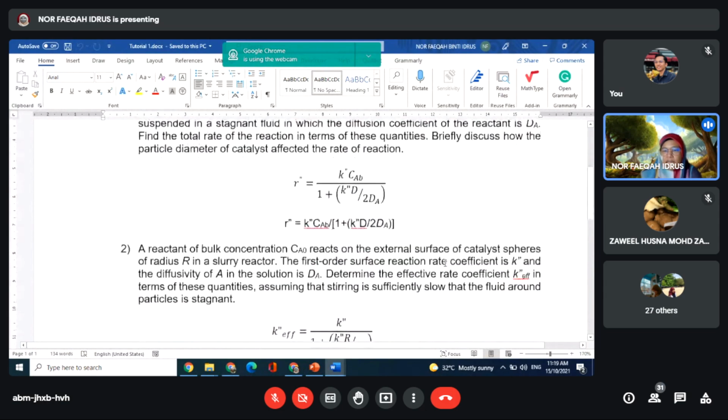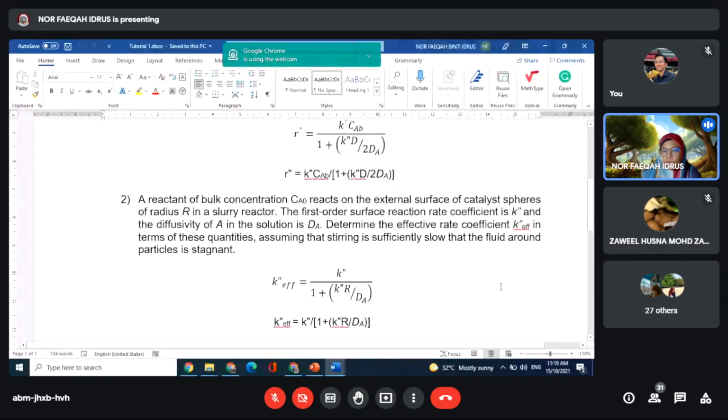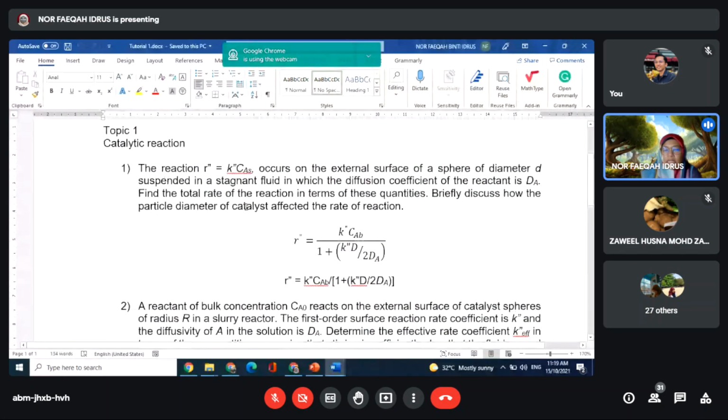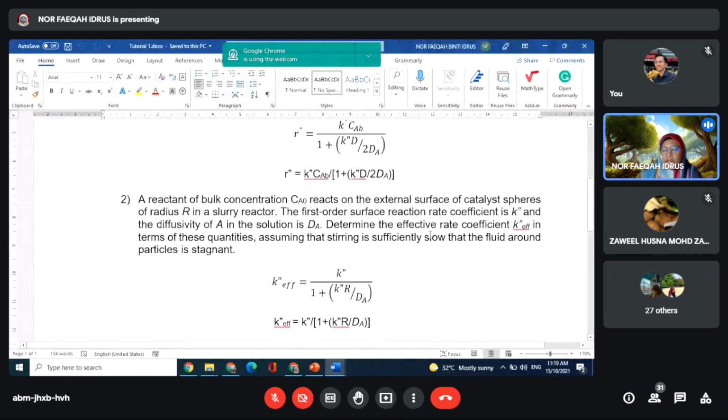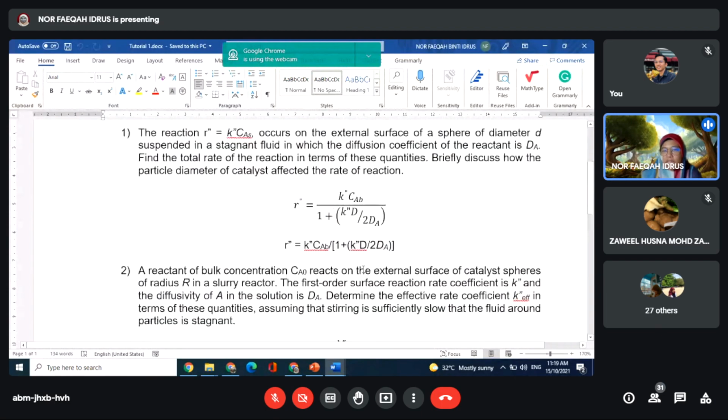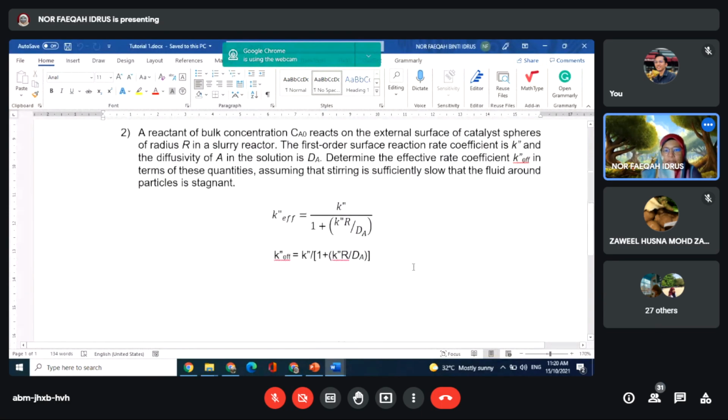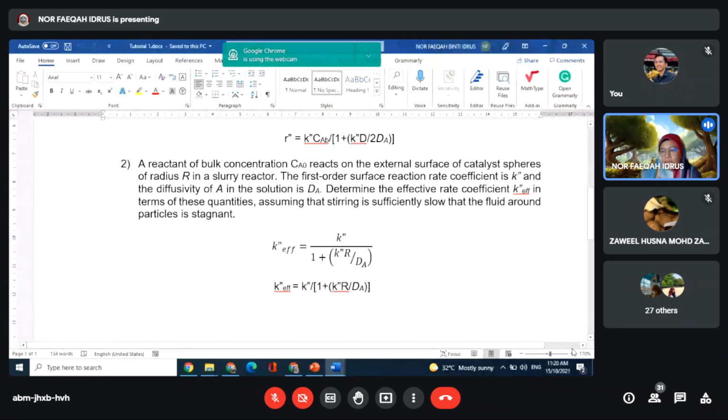Okay, let's say yang saya bagi tu jawapan dia, the answer for both questions actually similar. Jawapan dia sama. Cuma term dia berbeza, diameter or radius. Tu je beza dia. Right. So let's take a look at this equation. Ni yang related to external mass transfer tadi.